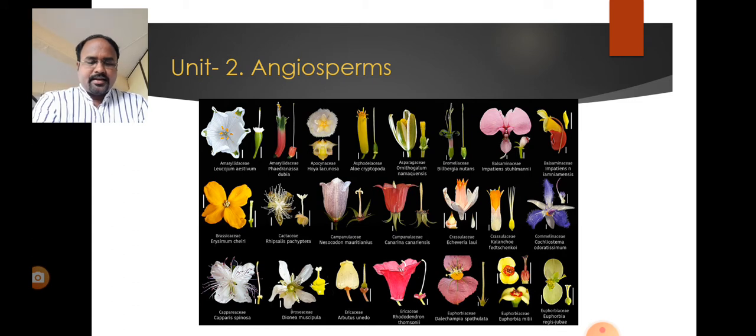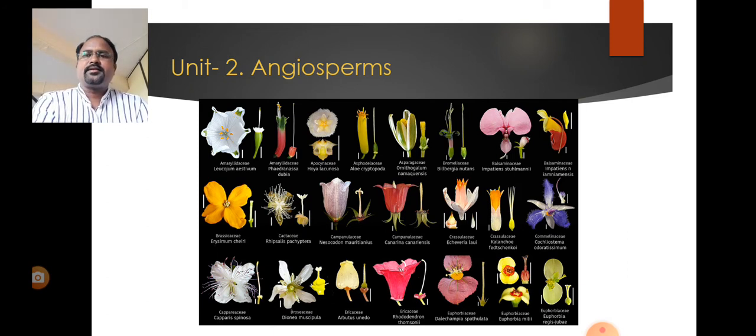This unit covers preservation methods, the dry and wet methods of plant preservation. When we are studying plants, we must be aware of how they are preserved. There are 2 methods: one is the dry method and the second is the wet method. In the dry method, we deal with herbarium preparation: how the plant is collected, how it is poisoned, how it is mounted, and how it is labeled on herbarium sheets.